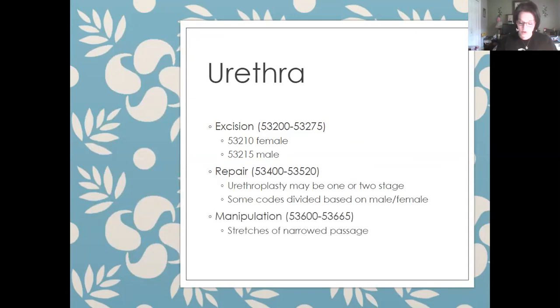Many codes are divided based on whether the patient is male or female. The dilation codes under the manipulation category are based on whether it's an initial or subsequent procedure and if the patient is male or female. So excision for the urethra is 53200 through 53275. 53210 is female and 53215 is male.